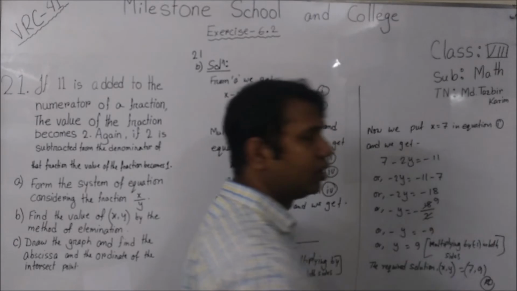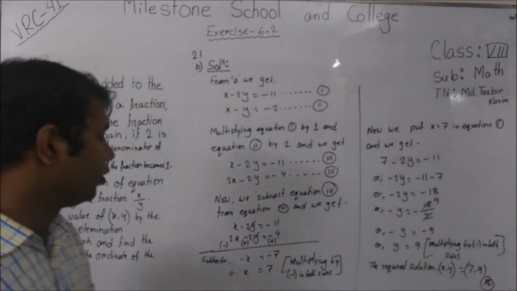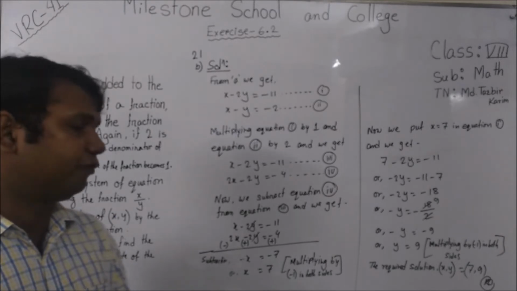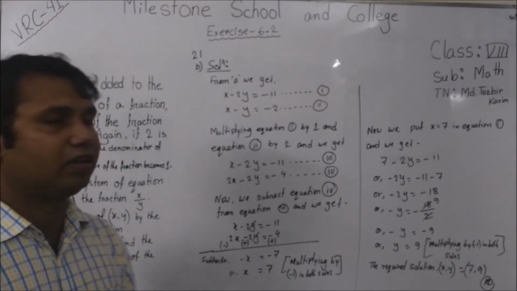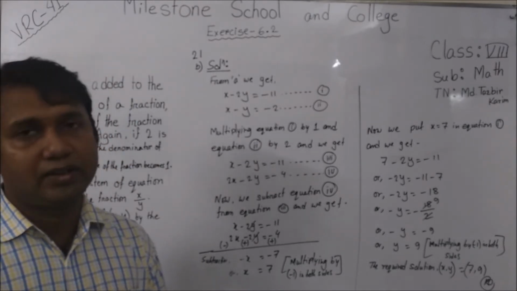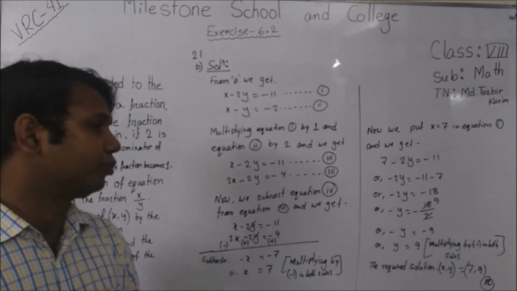If it is told you to find the fraction, then you are going to write 7 by 9. So I think you understand. Practice there. I think you can do it on your own.